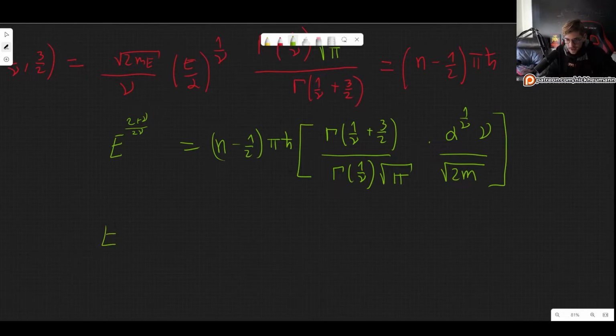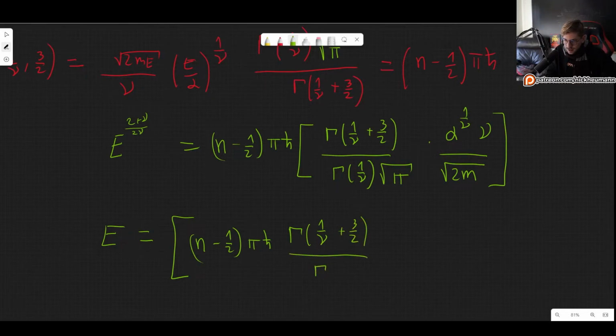So basically, E will be everything in here, n minus 1/2 times pi h bar. We don't really need this other parentheses. So gamma of 1 over nu plus 3/2 divided by gamma of 1 over nu. And let's put every square root together. Actually, we can cancel out the pi's, I guess. So I'll put the square roots here. So we get square root of pi divided by 2m.